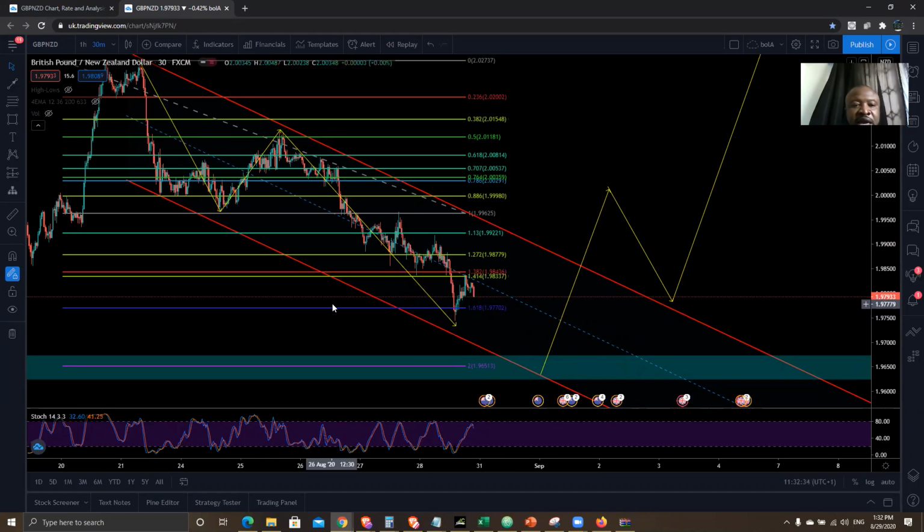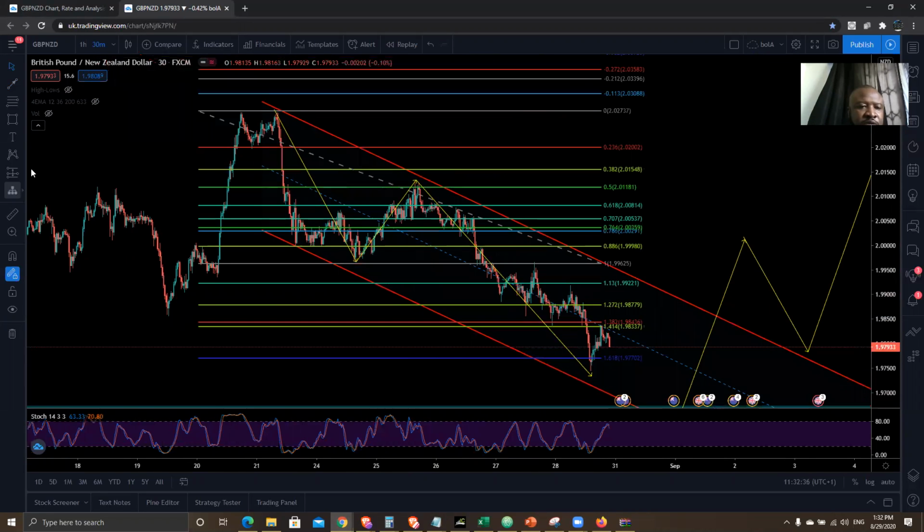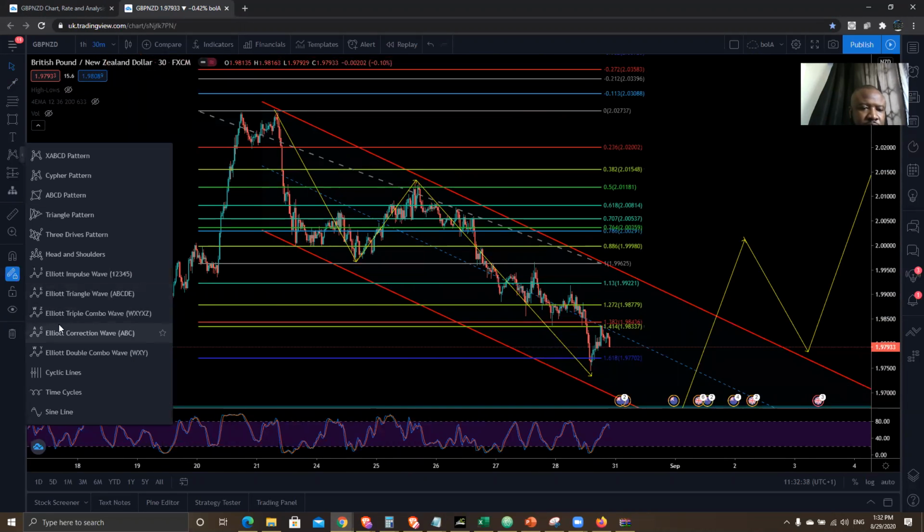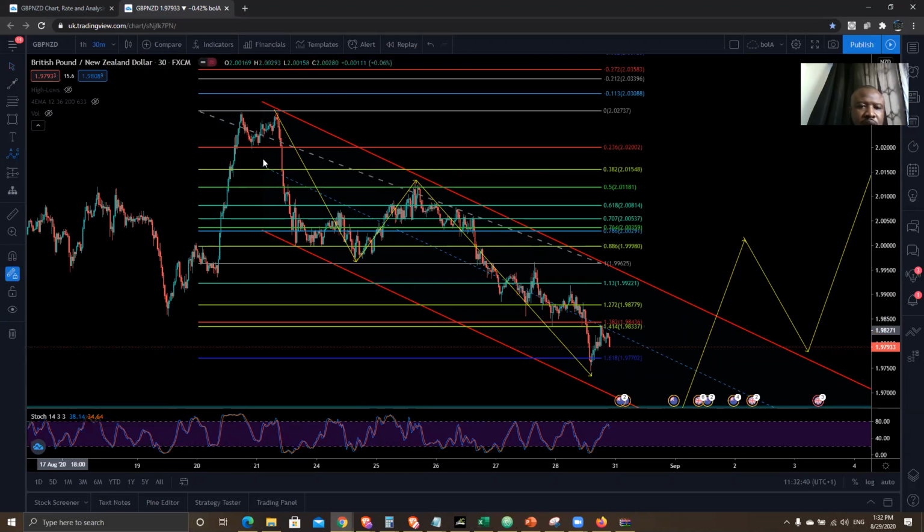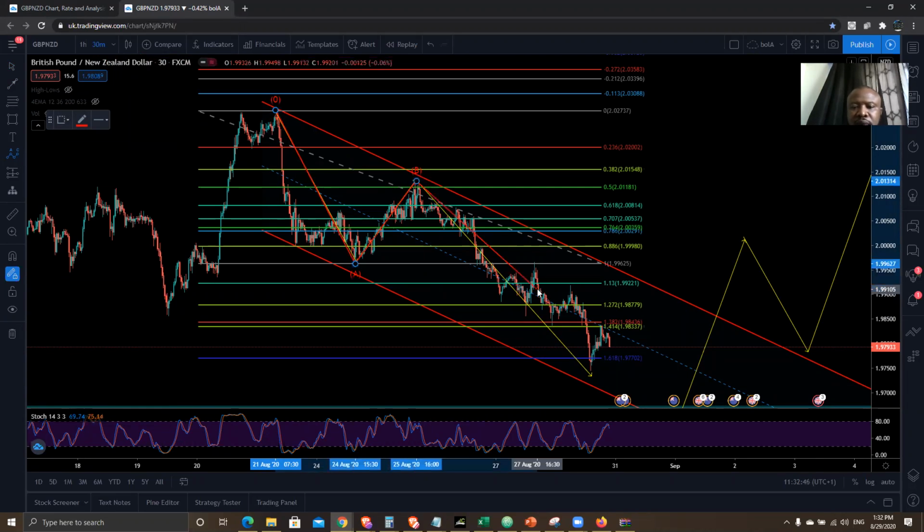So bear that in mind, this ABC pattern ending at 1.618 is lining up over there as well, and usually offers a low risk trade. So a test of that level can be a significant reason for the pound against New Zealand to rise.